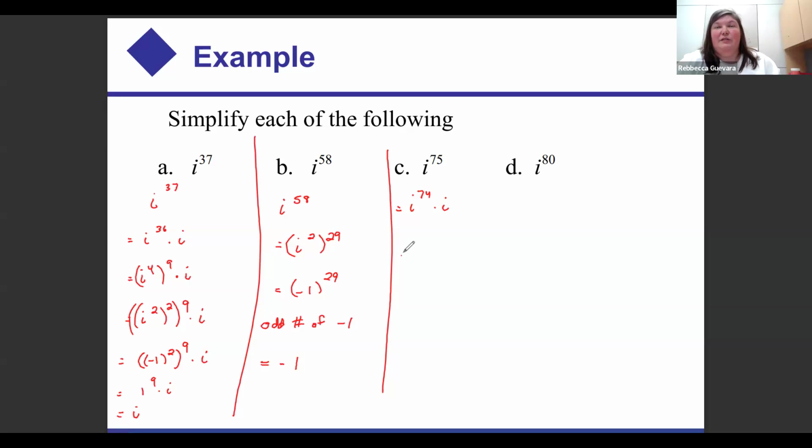So this one, i to the 74th is just i squared to the power of 37. And then we have that i out here. Once again, we know that's a -1 to the 37th. We have an odd number of negative ones, so that is going to stay a -1, and we keep that i. So this is just -i.